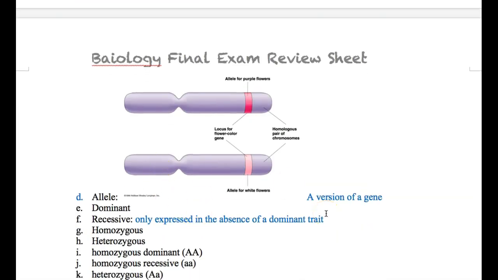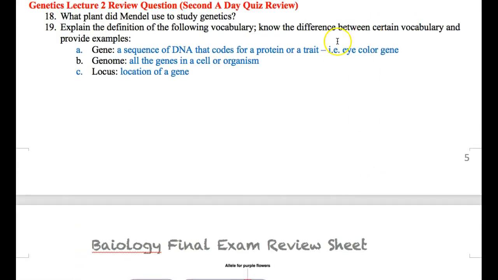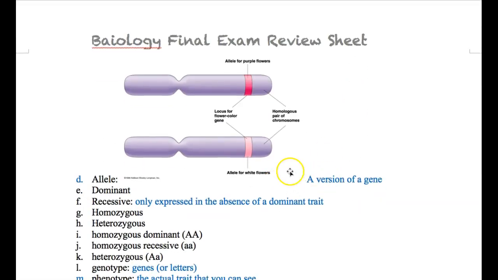Next one is the allele. An allele is a version of a gene. So for eye color, for example, you can have the brown eye allele, you can have the blue eye allele. Let's say brown eye will be big A, blue eye will be little a. So that's the letters. So alleles, we can have an allele for white flower and an allele for purple flower.